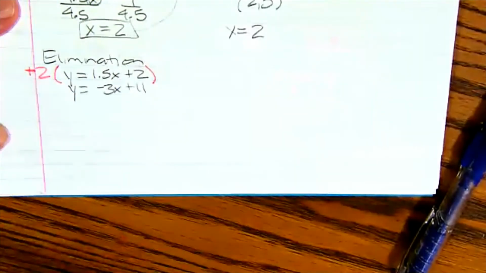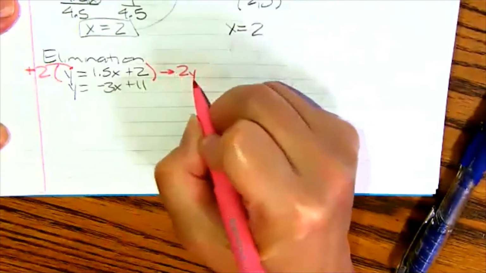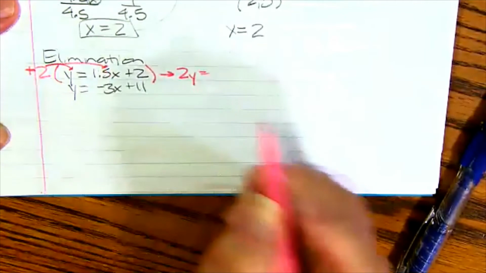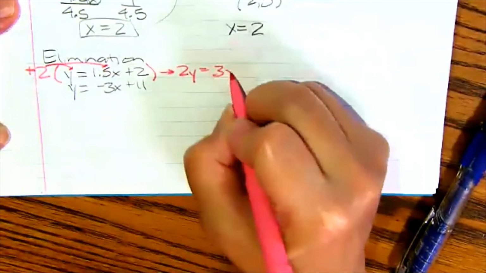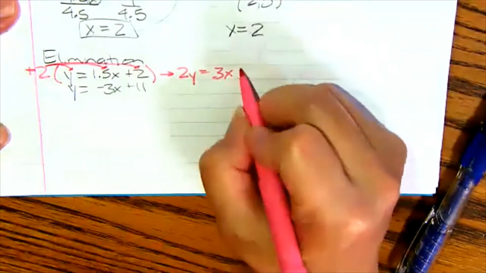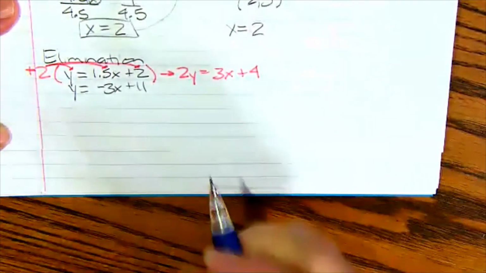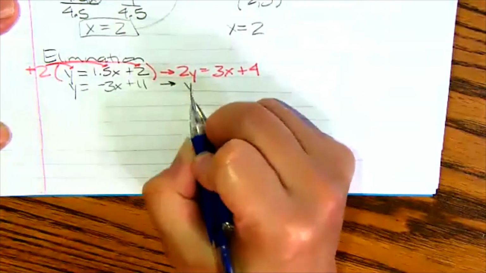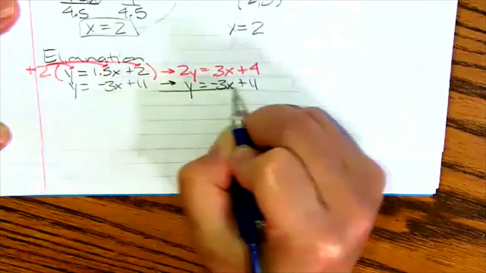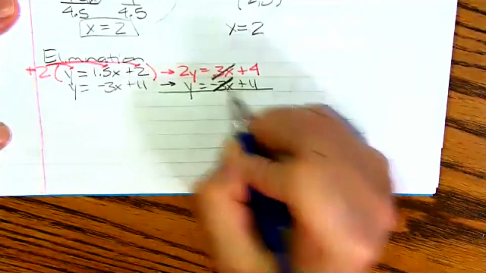Positive 2. So 2 times y is 2y. 2 times 1.5x is 3x. And 2 times 2 is 4. So now we can bring this whole thing over. y equals negative 3x plus 11. And when I add these together, these guys cancel each other.